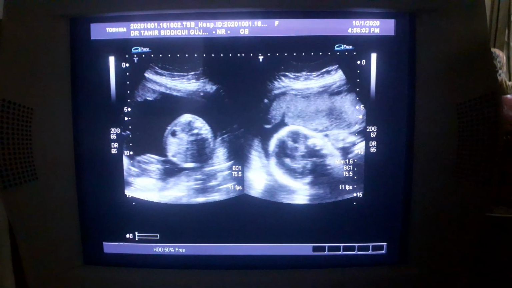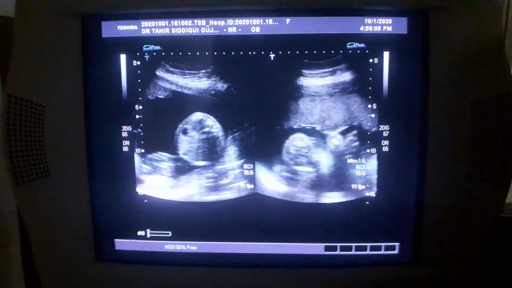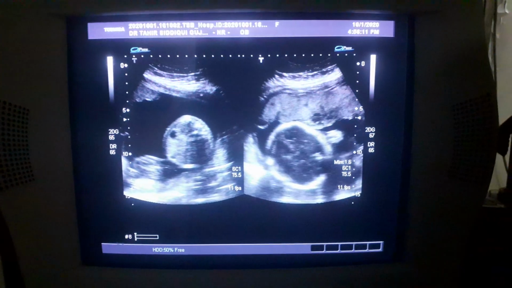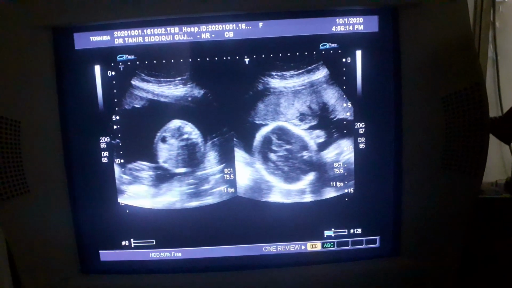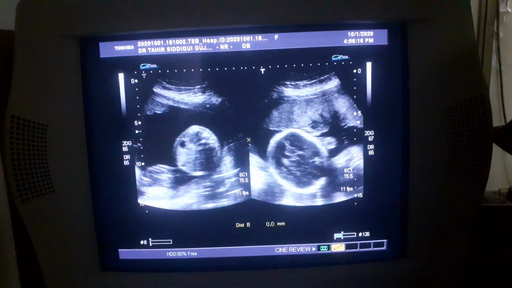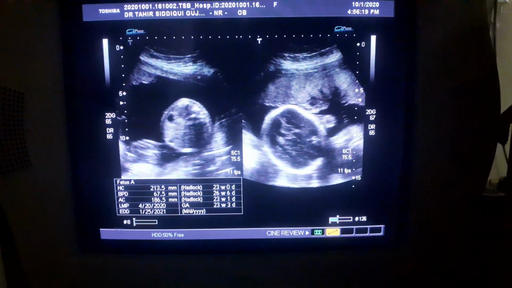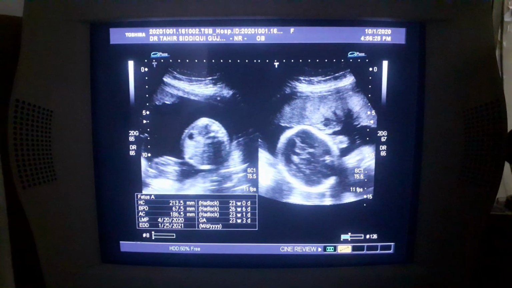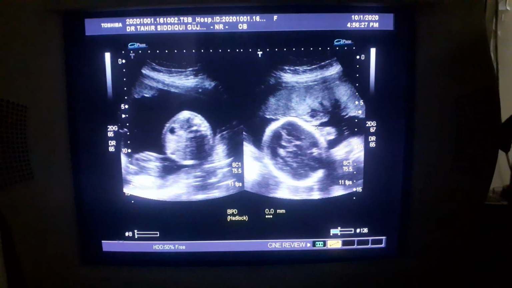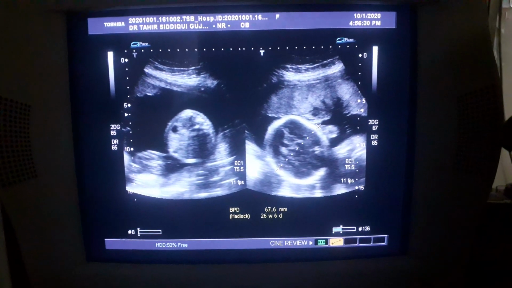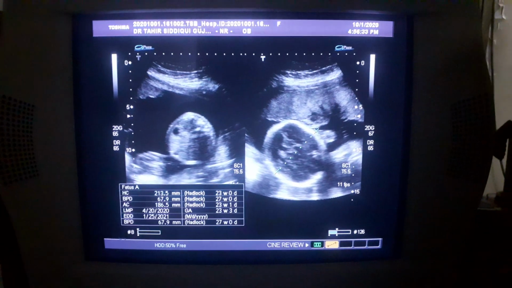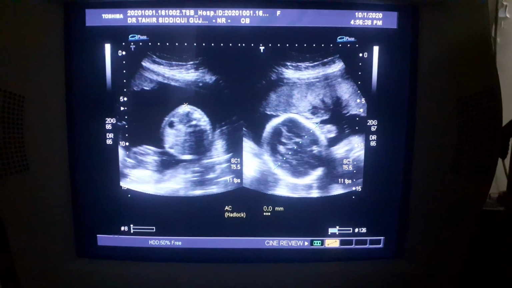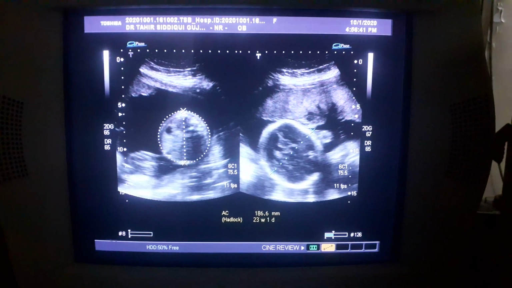Though not so accurate in this view, but conserving time, the biparietal diameter, outer to inner, 27 weeks, and the abdominal circumference 23 weeks.